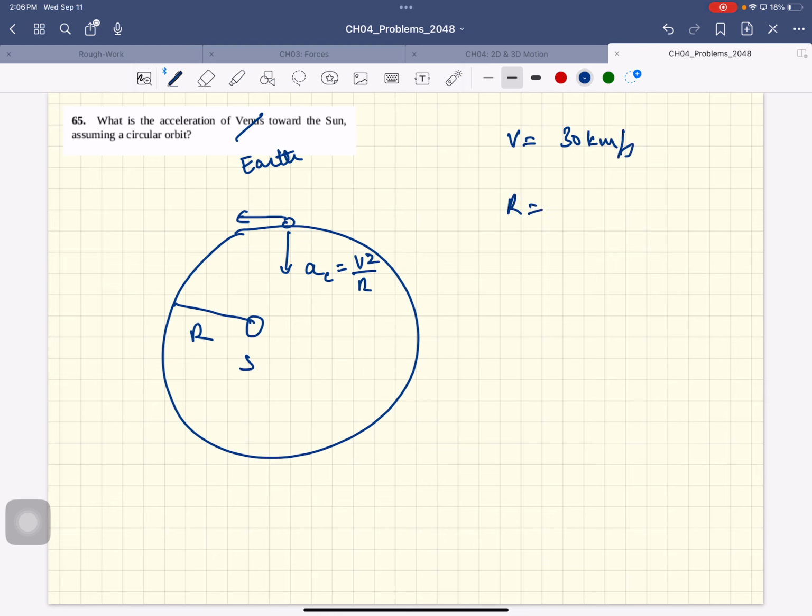So r is 92 million miles. And you can calculate the acceleration.